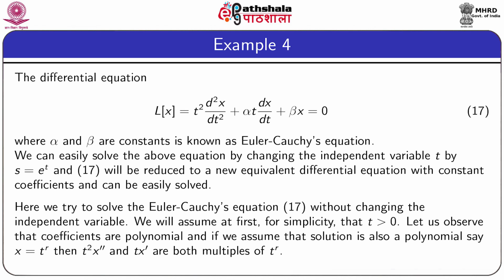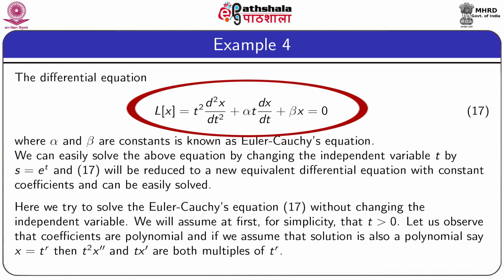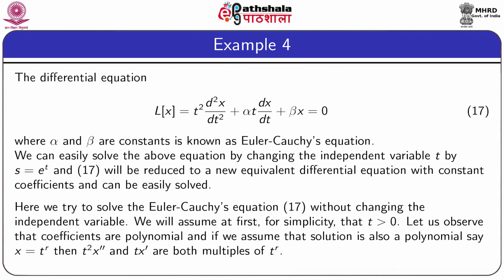Hence, we consider example 4, where we have to solve the differential equation t square d2x/dt square plus alpha t dx/dt plus beta x equal to 0, where alpha, beta are constants, and this equation is known as the Euler-Cauchy equation.